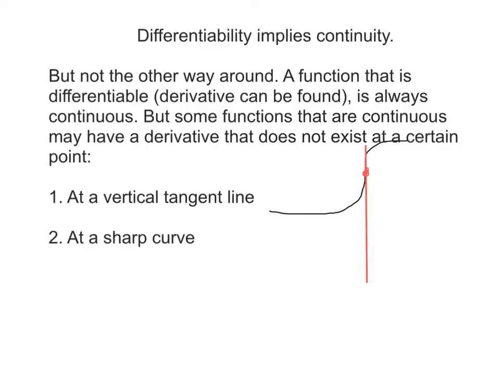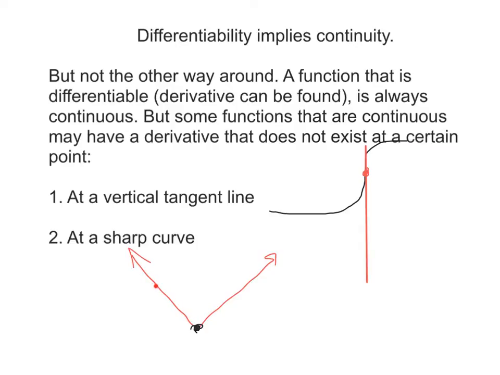Other places, when we have sharp curves, like say the absolute value function. Absolute value function comes down, goes back up, it's a V. We have a sharp point right here. And the reason you can't find the derivative there is because, remember, the derivative, by definition, is a limit. If I'm looking for the derivative at this point, as I'm approaching this point from the left, it has a negative slope.